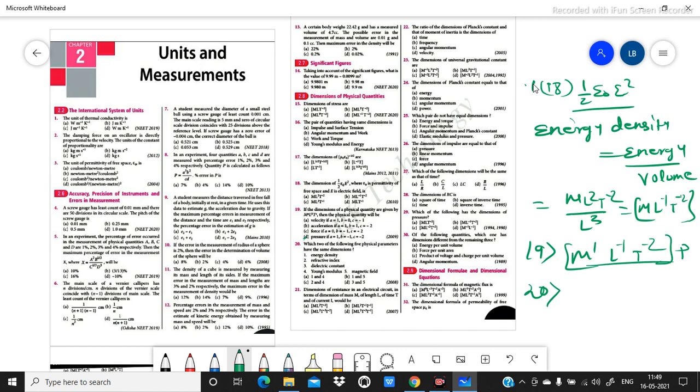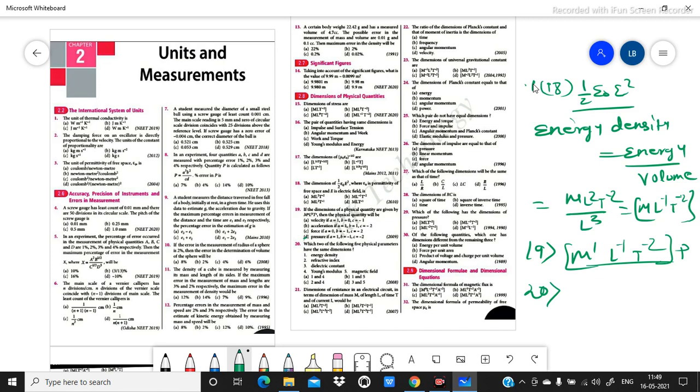Again, which of the following two physical parameters have the same dimension? Here you have to find out the dimensions of each and every one: energy density, refractive index, dielectric constant, Young's modulus, magnetic field. Once you are done with all these dimensions, then you compare.